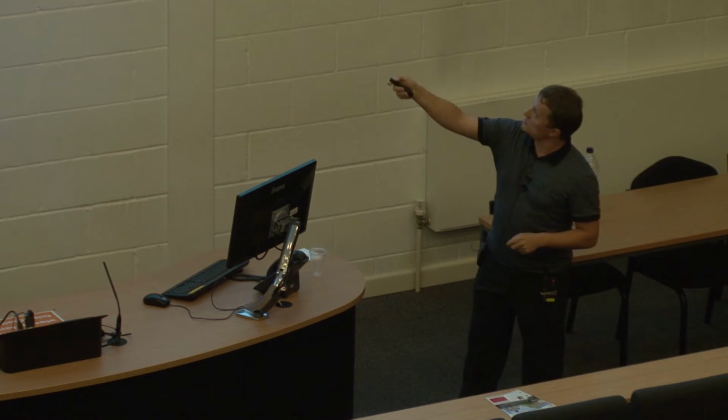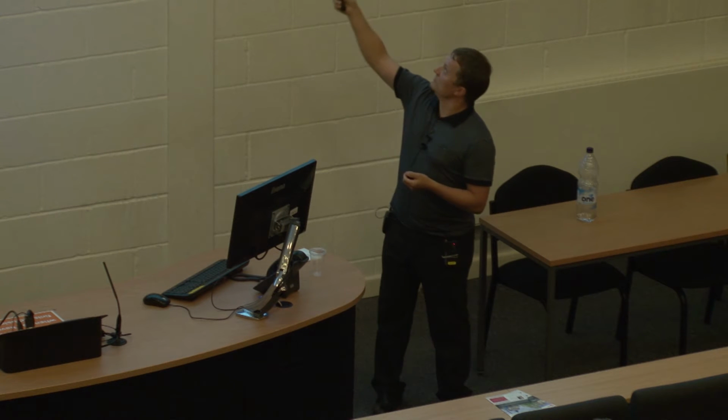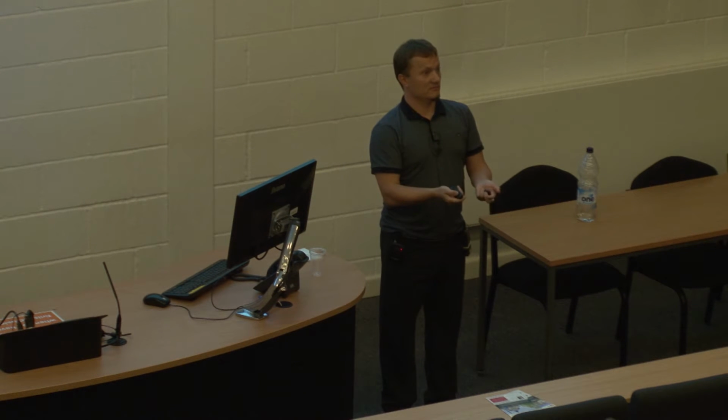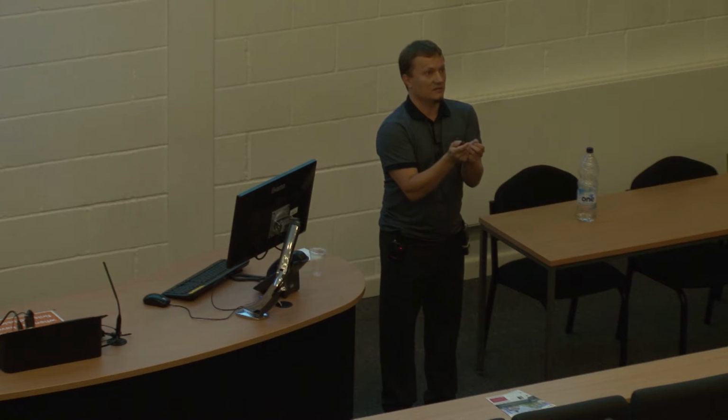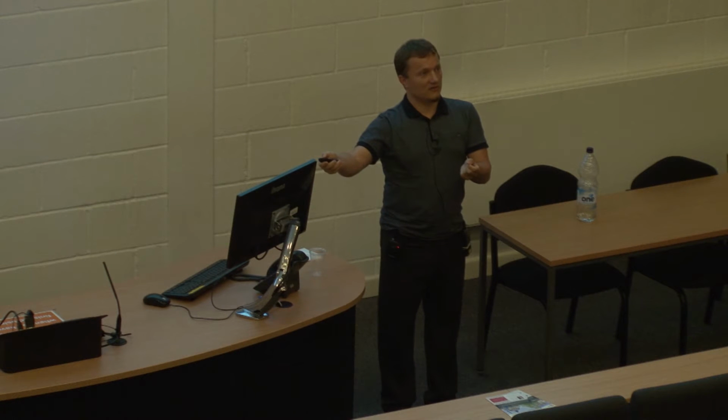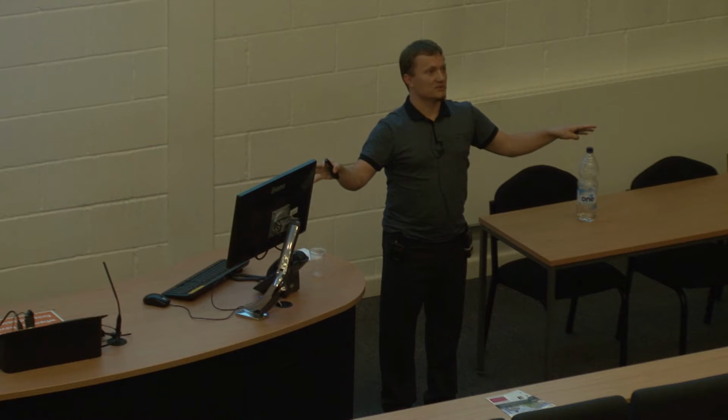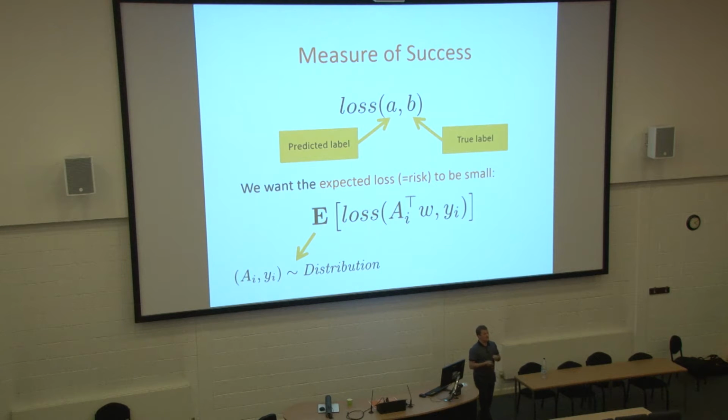Imagine that I give you such a W which minimizes this expected loss. What would that mean? It would mean that I have this W, which now I think of as an algorithm. The W, the vector itself, is an algorithm, which will have the smallest expected loss in terms of recognizing the category of the image, even though I don't know the expectation. So that is the goal.